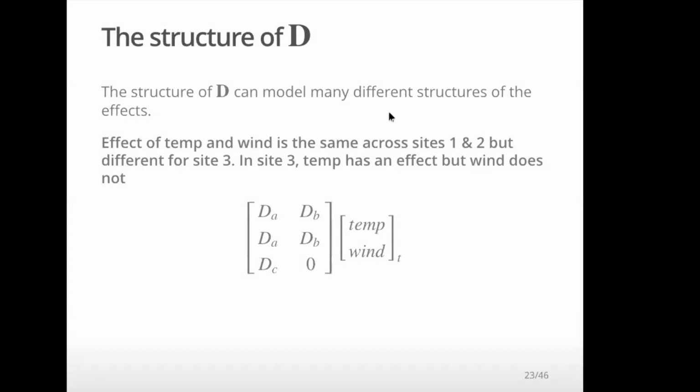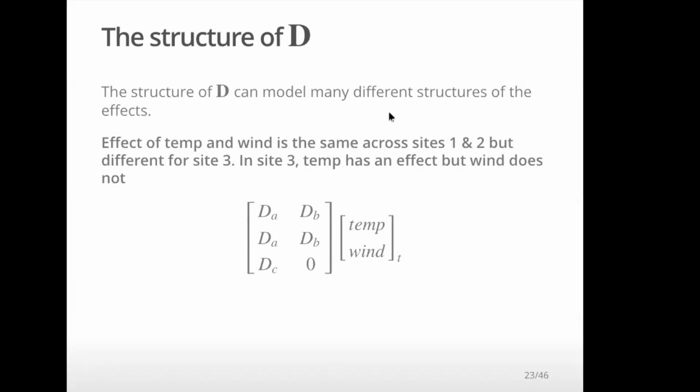Again, the structure of that D matrix, that effect matrix, can model a variety of different scenarios of how the covariate affects the observation errors. So here's an example where I say, I think the covariates affect the sites that are both modeling the X1 similarly.